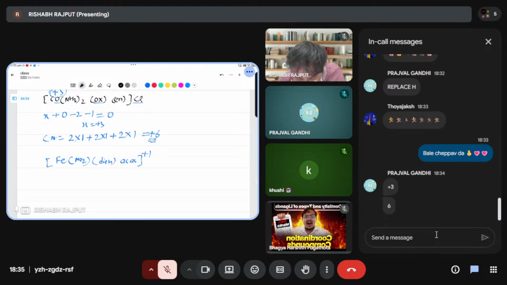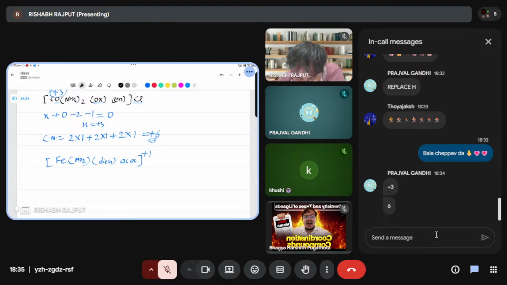Here what happened? Both oxygens share the electron here, so it becomes AC -1. Because of resonance, the structure will change like that. So that is why we write AC -1.